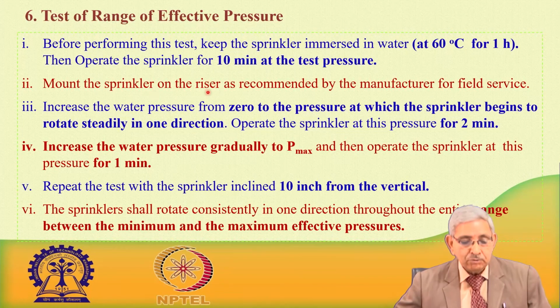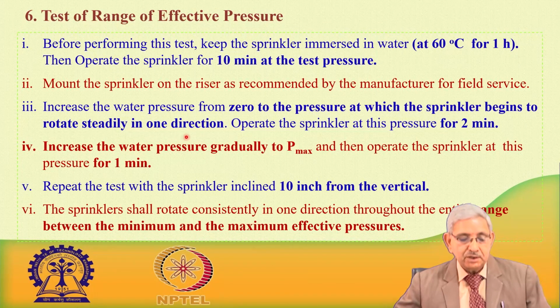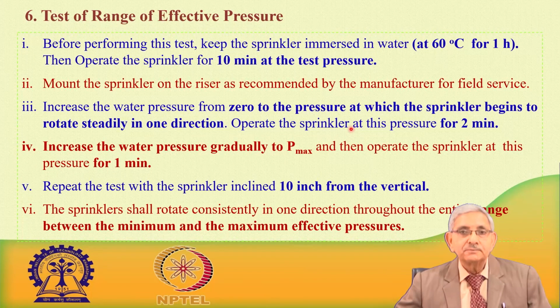We need to mount the sprinkler nozzle on the riser and then increase the water pressure from 0 to the pressure at which the sprinkler begins to rotate steadily in one direction. Operate the sprinkler at this pressure for 2 minutes. Then we need to increase the pressure gradually and reach up to the maximum pressure.